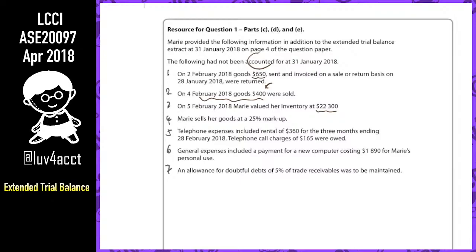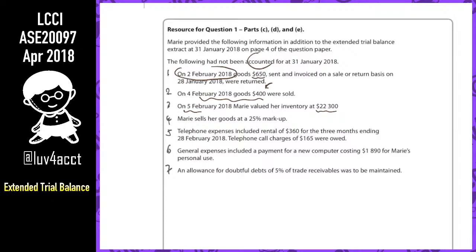If that is the case, then I think there is something wrong with the mark scheme. Because if you look at this, we count our inventory on the 5th of February. That means when we count, the goods are already returned, then we should have counted.